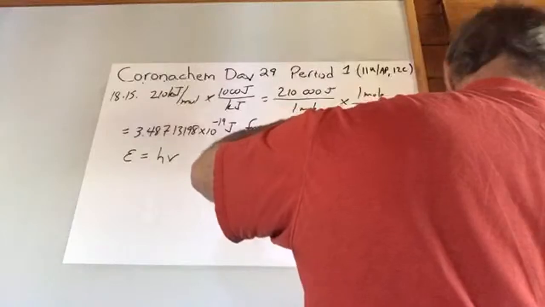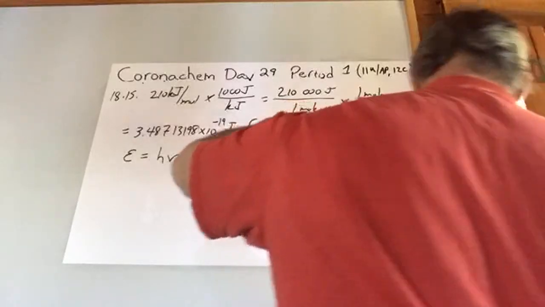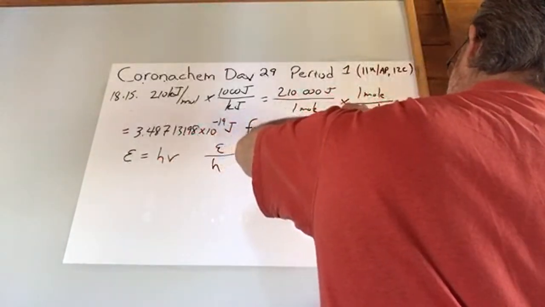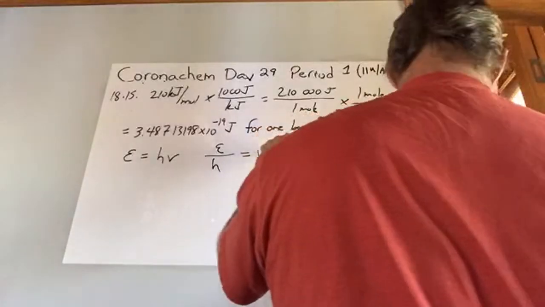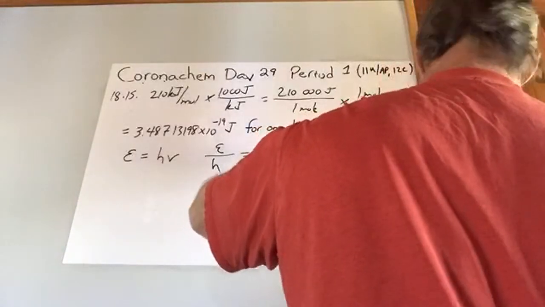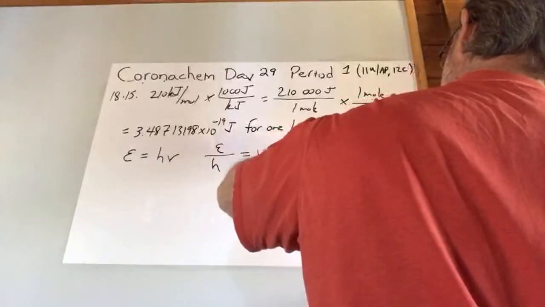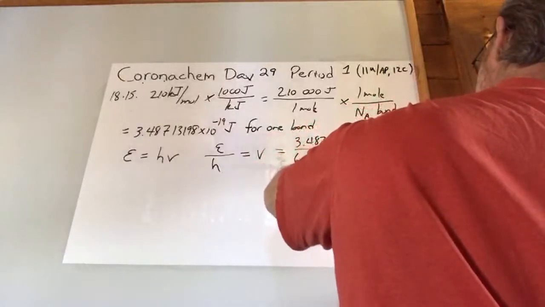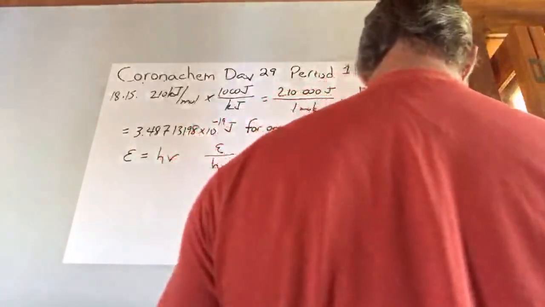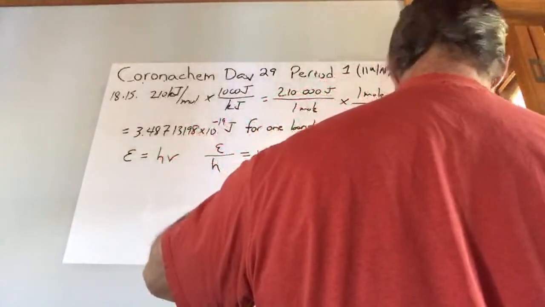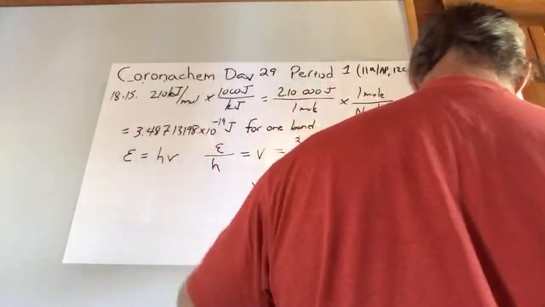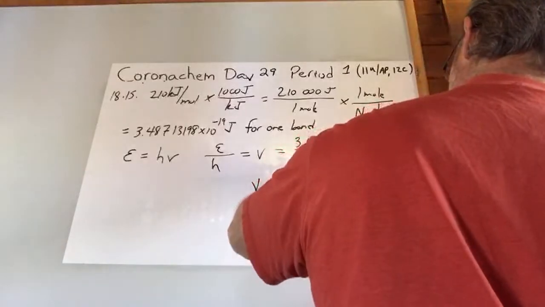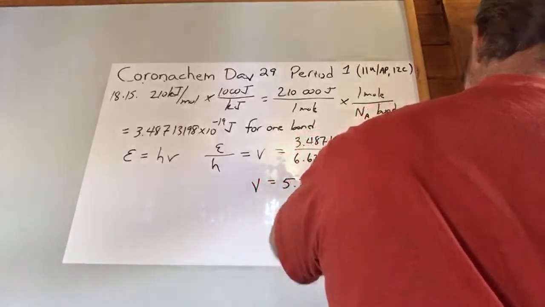So 3.4871 times 10 to the negative 19 joules divided by 6.62607004 times 10 to the negative 34 joule seconds, Planck's constant, and the frequency of this photon is going to be 5.26274543 times 10 to the 14 seconds to the minus 1.